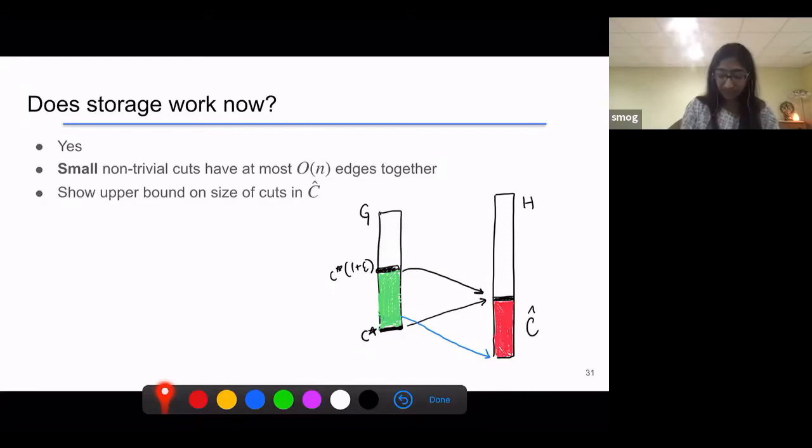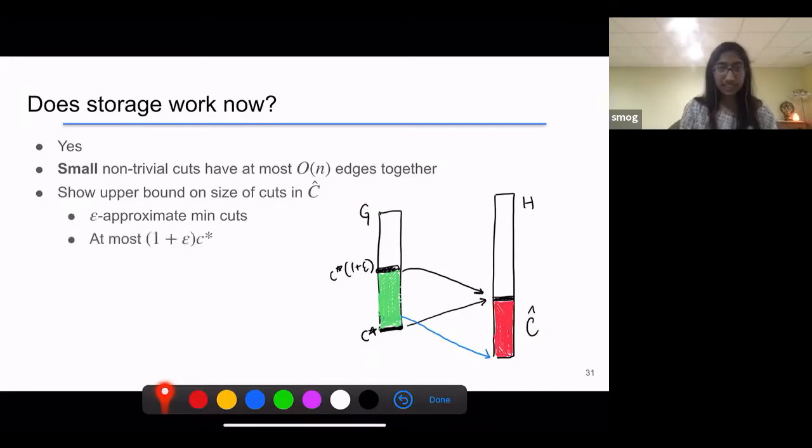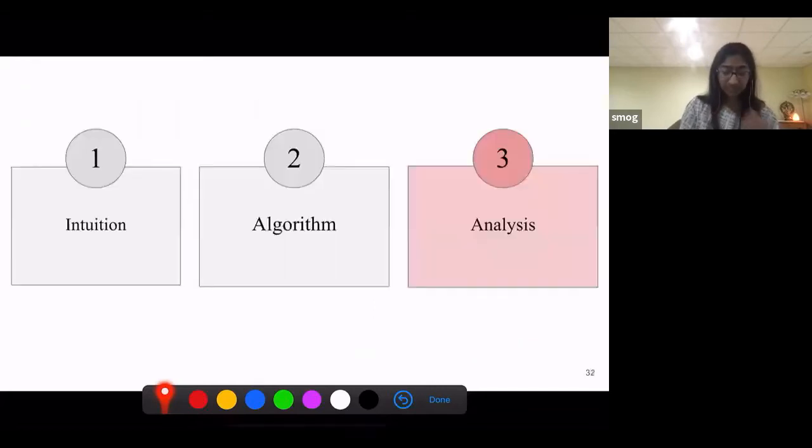So all that means is we can say that all cuts in C hat are epsilon approximate in G. If we take some cut in C hat, then its size in G is at most 1 plus epsilon times the min cut of G, so C star. That's all we're saying.